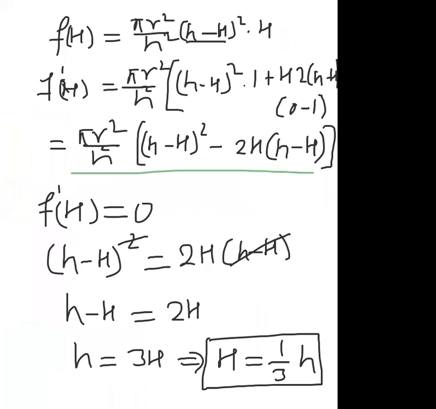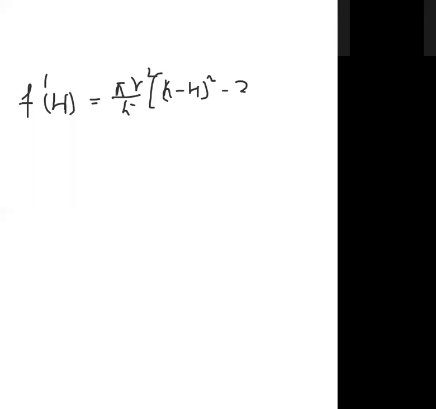(H minus H2) whole square minus 2H (H minus H). So we have got F dash of H equals pi R square upon H square, (H minus H2) whole square minus 2H (H minus H).